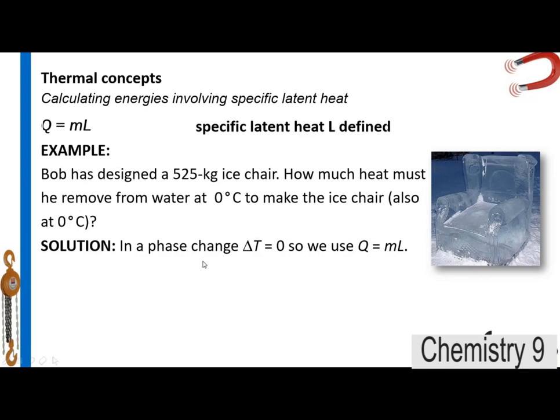Now, in a phase change, if the change in temperature is equal to 0, we can use this expression here. So we're using Q is equal to M times L, because there's no change in temperature during the phase change.